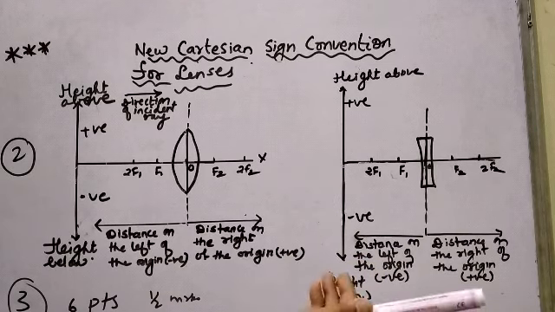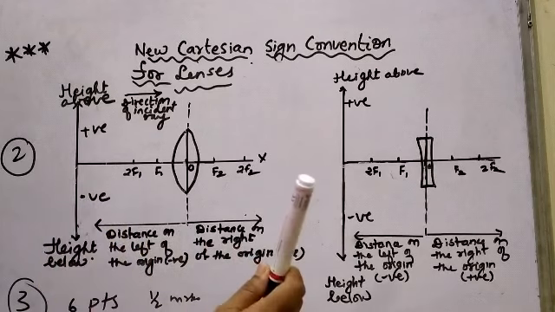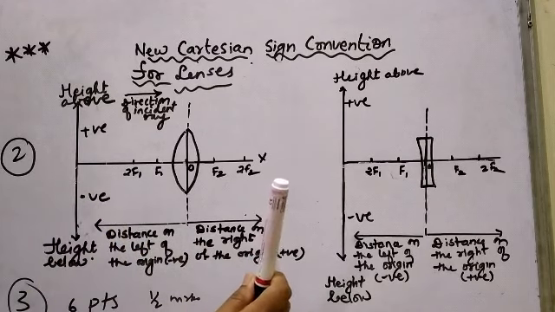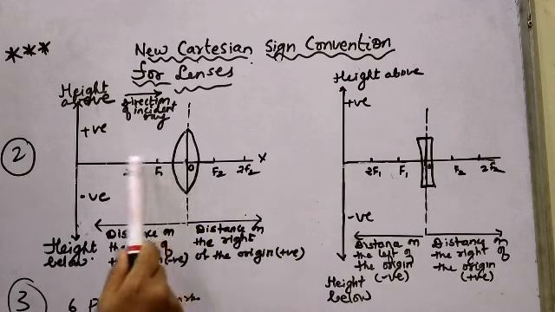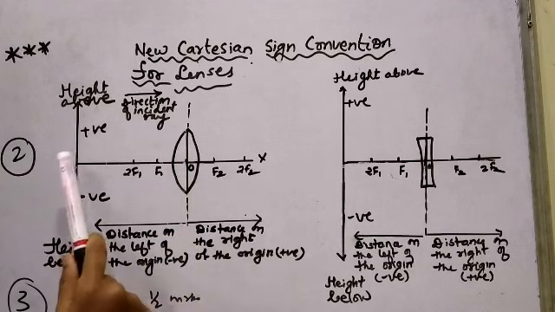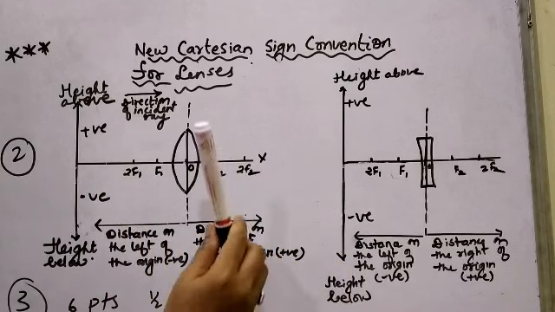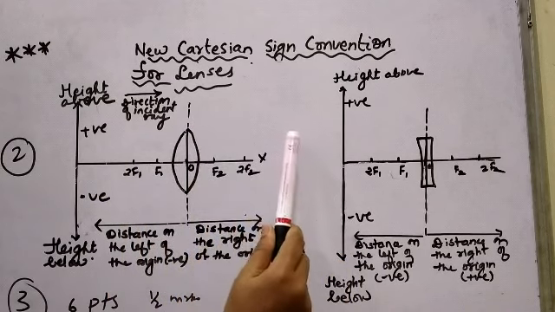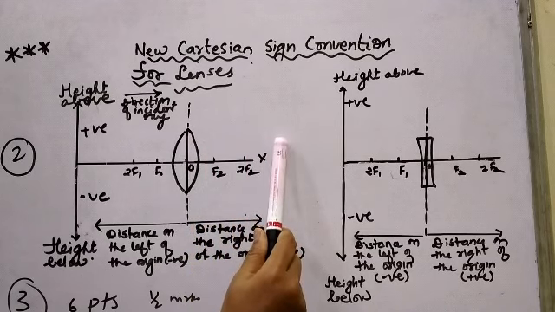Sign conventions. What have we studied in mirrors? That the object will always be placed on the left hand side of the lens. This is your first sign convention. Whatever distances we are going to measure, all distances which are parallel to the principal axis are to be taken from the optical center of the lens. Third, all distances which are measured to the right of the origin will be positive.